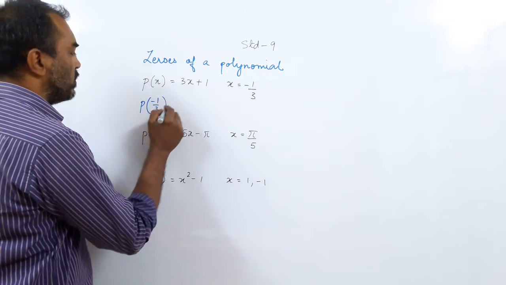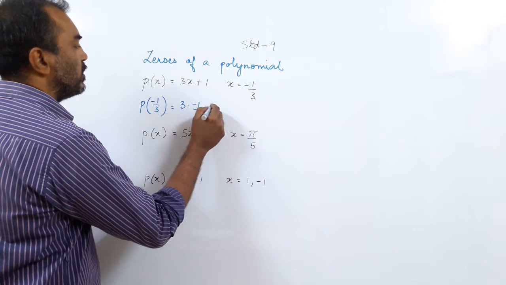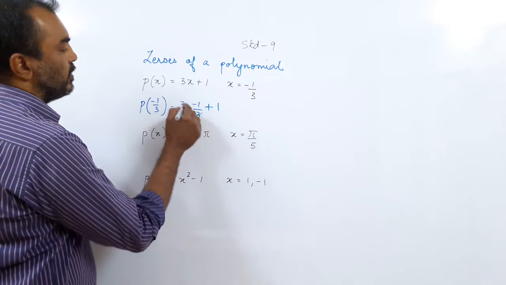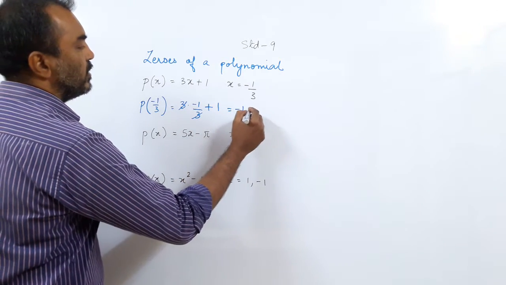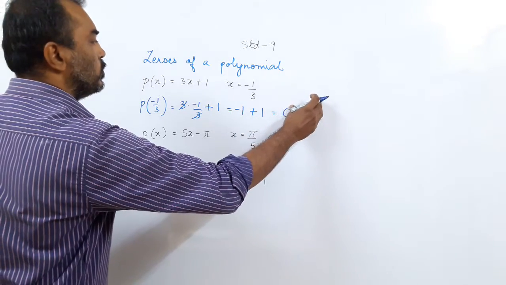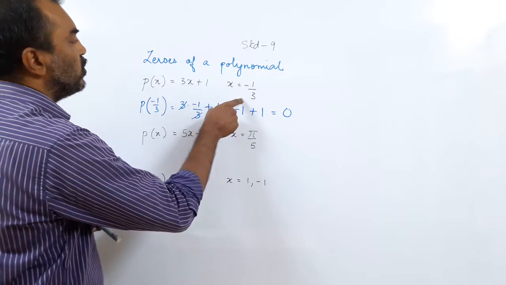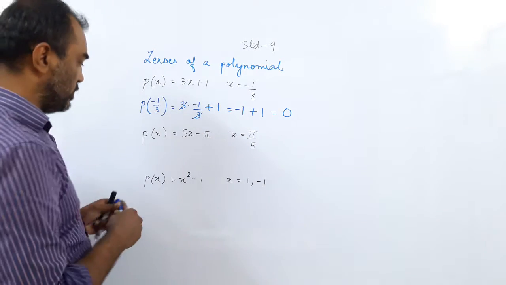So P of -1/3 is 3 into -1/3 plus 1. 3 and 3 get cut. -1 plus 1 equal to 0. So -1/3 is a 0 of the polynomial 3x plus 1.